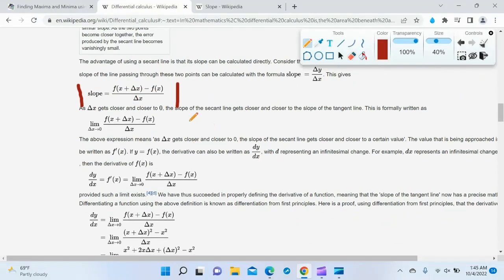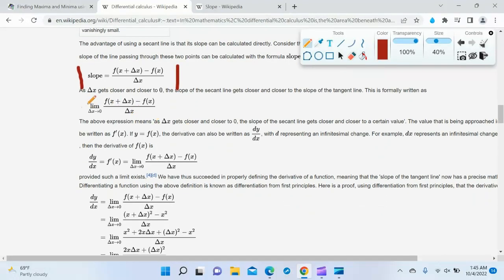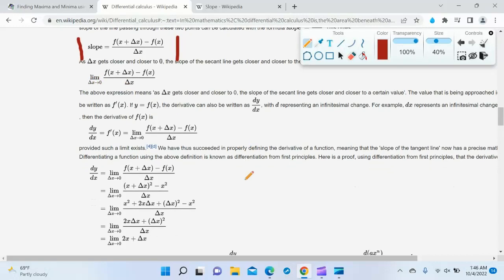Now from this slope we want to derive the dy by dx differentiation formula. For this, we take the limit as delta x tends to 0. Why do we take delta x equal to 0? Because we are taking the closest value to 0, so delta x is negligible, very small.